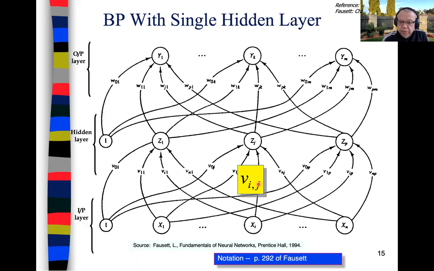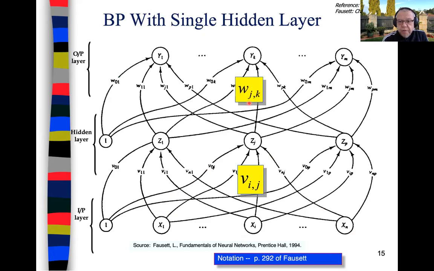So in this case, we're talking about node Zj, and the corresponding weights for that node Zj are denoted by Vij, where i goes from 0 to n. So for example, in this case, V0j is coming from this node here, V1j, you have Vij, you have Vnj, okay?